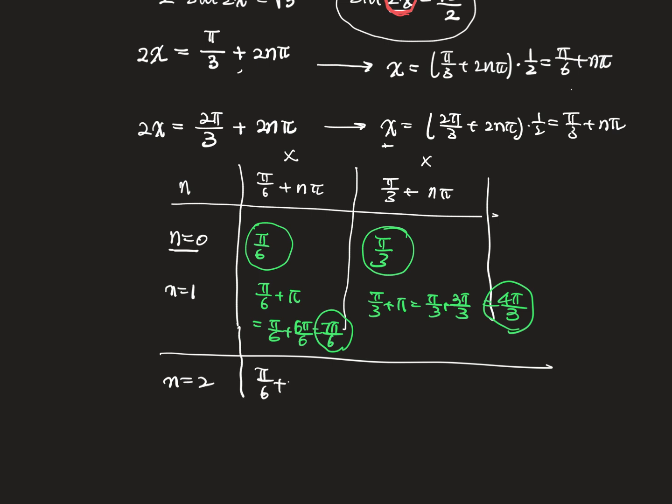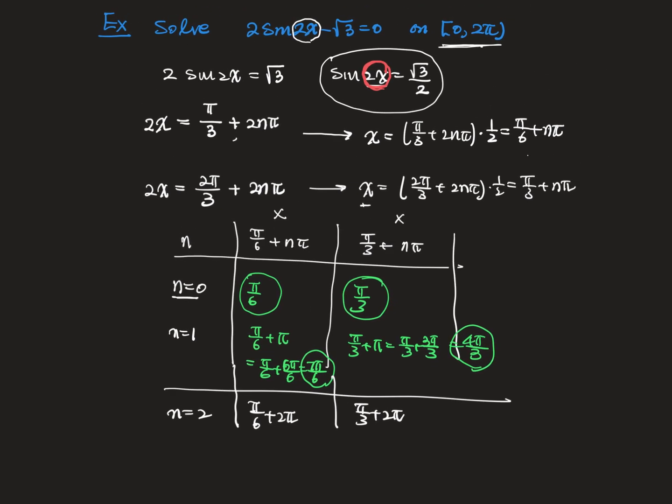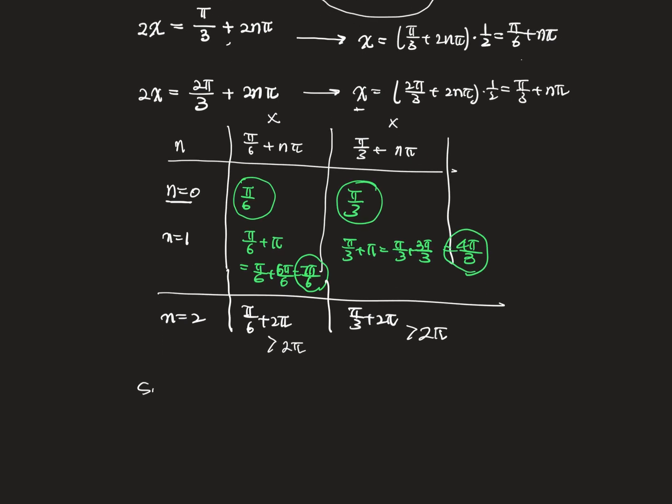Pi over 6 plus 2 pi and pi over 3 plus 2 pi. But our answer should be, look at the top, less than 2 pi, and both of these are greater than 2 pi. So you are done. The solution is pi over 6, pi over 3, 7 pi over 6, 4 pi over 3. That's the solution of this equation, guys.